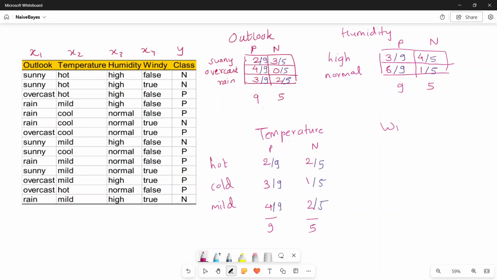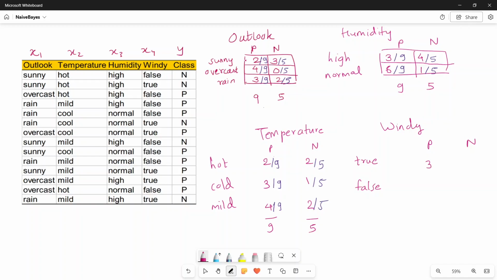Okay, then the final table is the windy table, the windy attribute, whether it's windy true or windy false. And P and N. So the combination of windy being true and the outcome being P occurs 3 times.